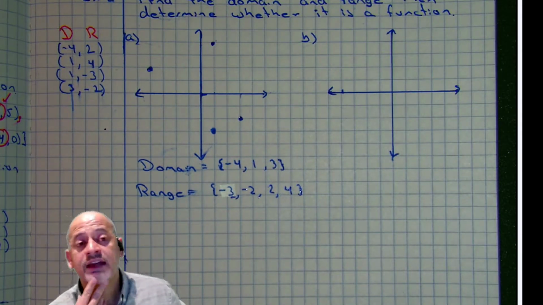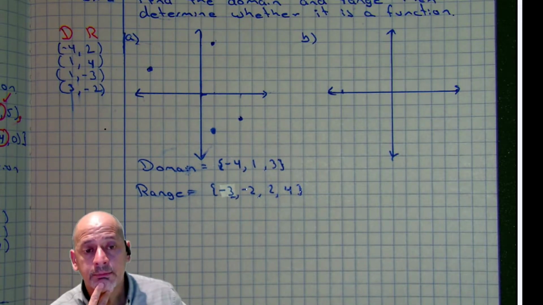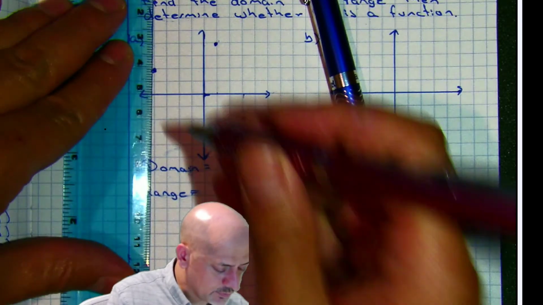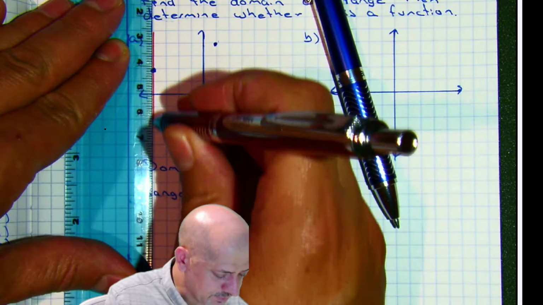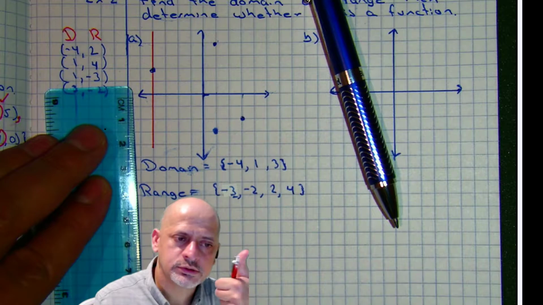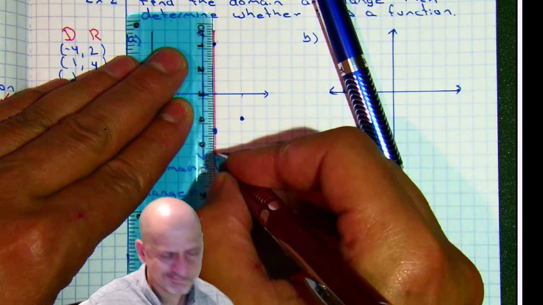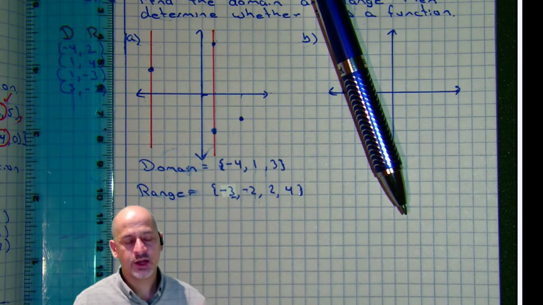And last, I need to decide whether this is a function or not. So what I'm going to do, I'm going to place vertical lines. Let's say a line that's vertical. Only 1 point. So far, so good. I place another line that's vertical. Nope. So I can stop.